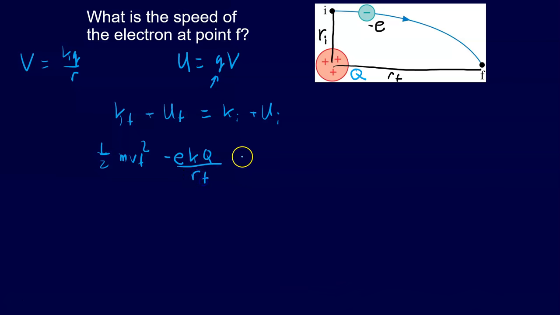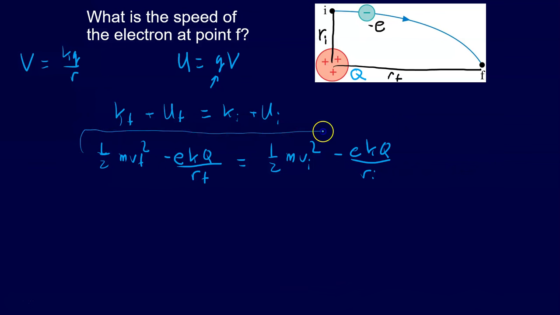And so this would be my R final. And over here I'd have 1/2 mv_i squared minus e k constant Q over R initial. And this is essentially our general formula for when 2 point charges are interacting and we want to find how the kinetic energy or potential energy of them is changing, something like that.